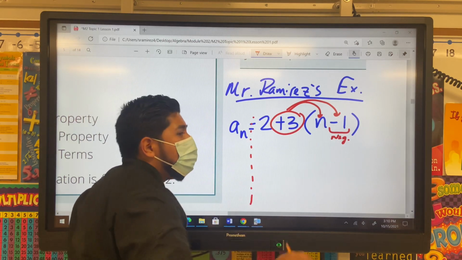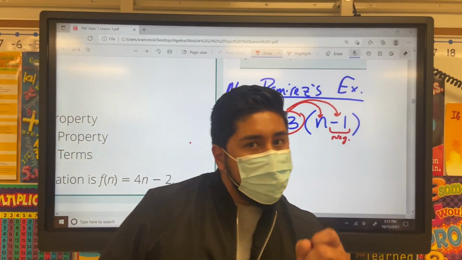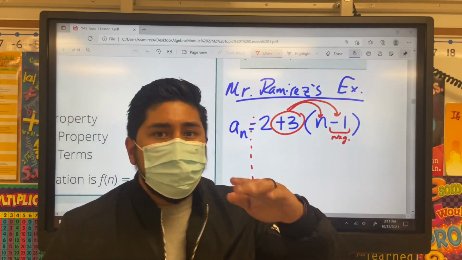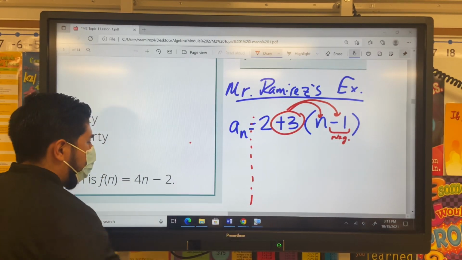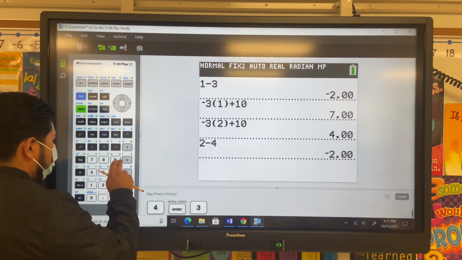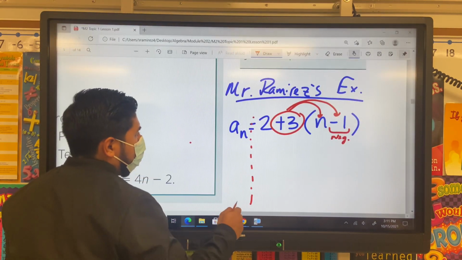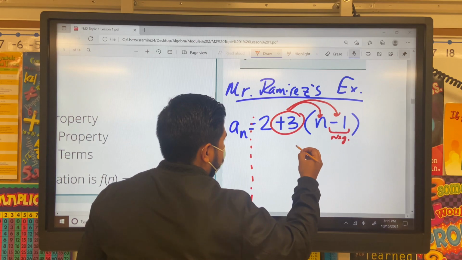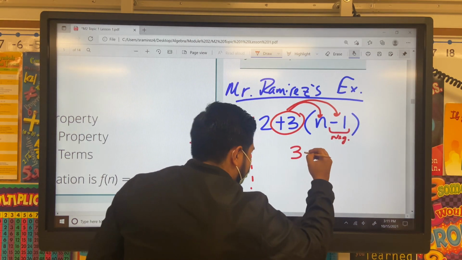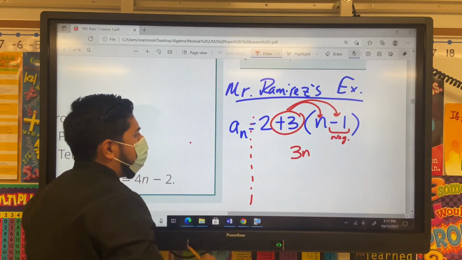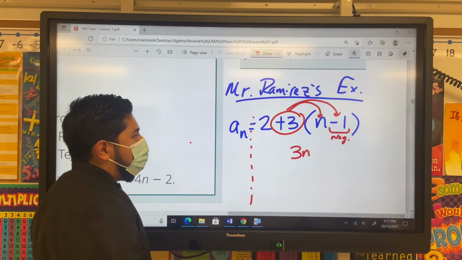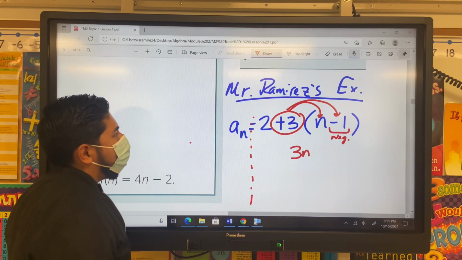3 times n. We don't know what n is, but it is an imaginary 1. So 3 times 1, double check with my calculator. 3. So I will write 3 times n is 3n. They got married. They just multiplied. They tied the knot. They're stuck together forever and ever.